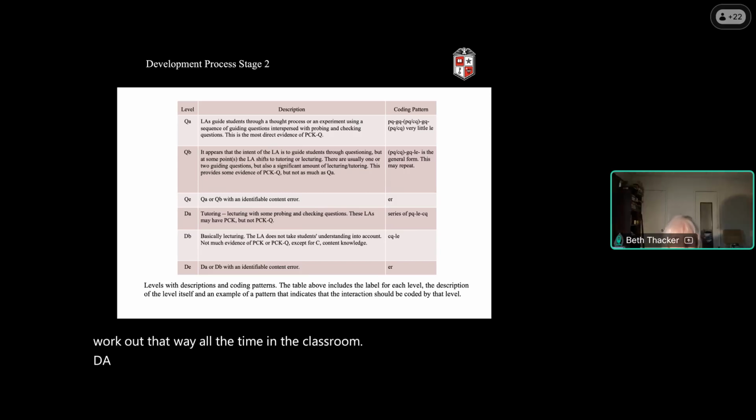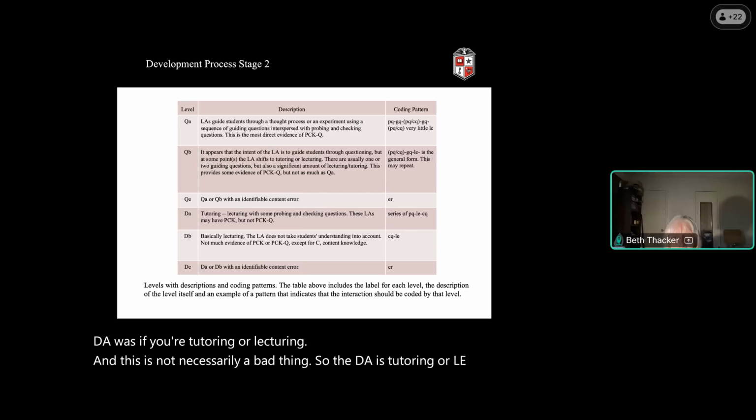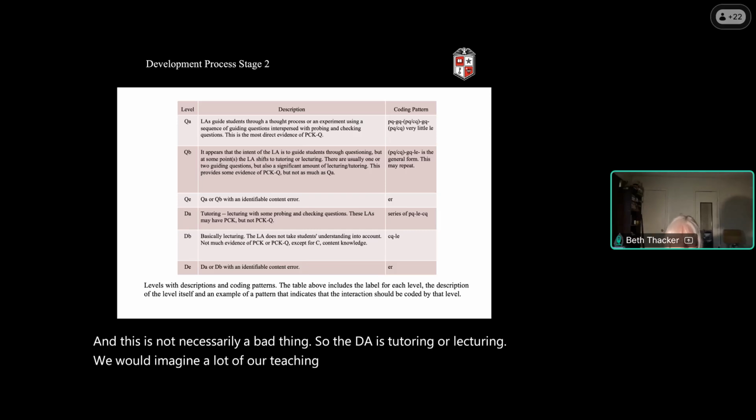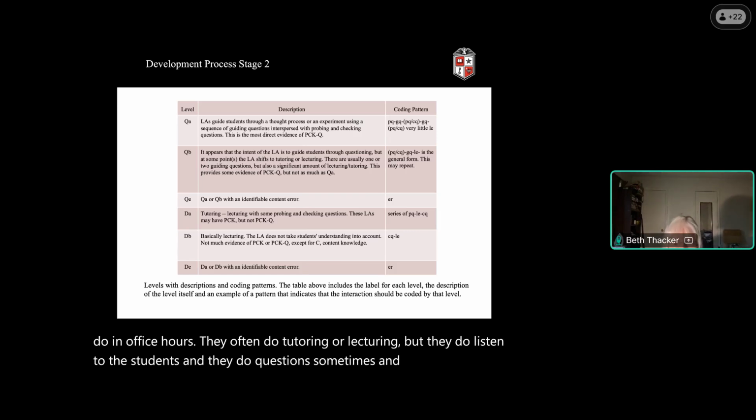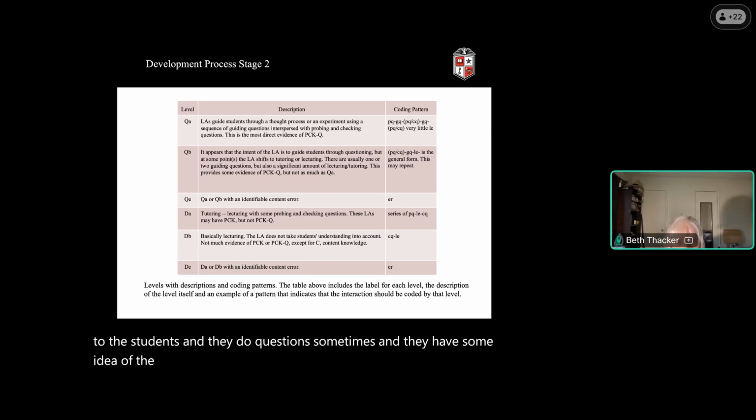DA was if you're tutoring or lecturing. And this is not necessarily a bad thing. So the DA is tutoring or lecturing like we would imagine a lot of our graduate teaching assistants do in office hours. They often do tutoring or lecturing, but they do listen to the students and they do question sometimes, and they have some idea of the student understanding.